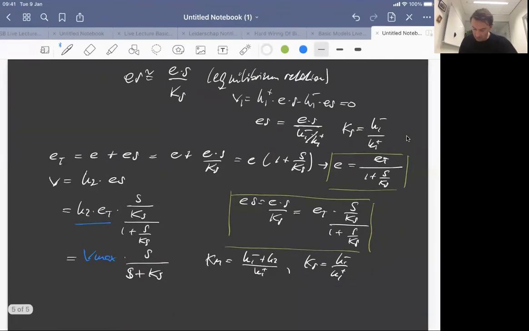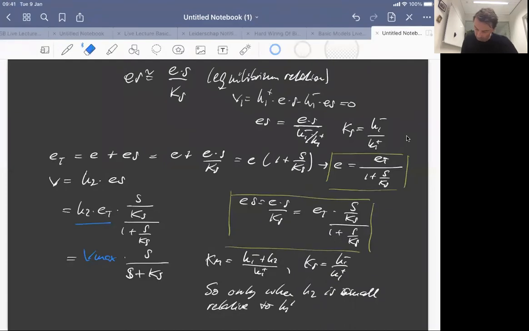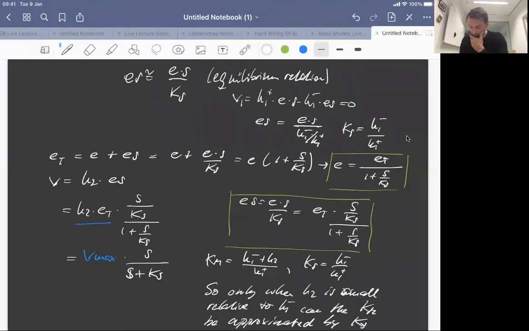So only when K2 is small relative to K1 minus can the Km be approximated by Ks. Because you see that when you make this K2 zero, then Ks and Km are the same.